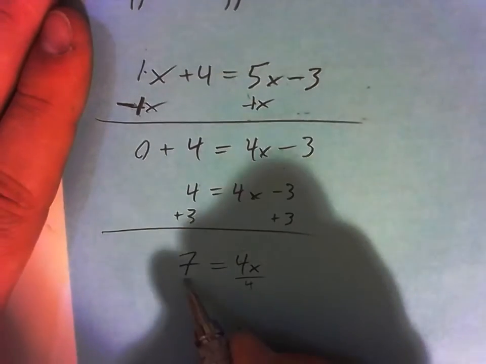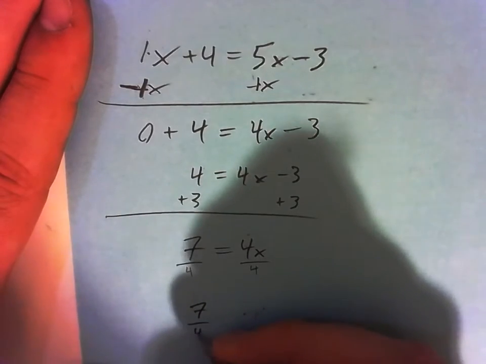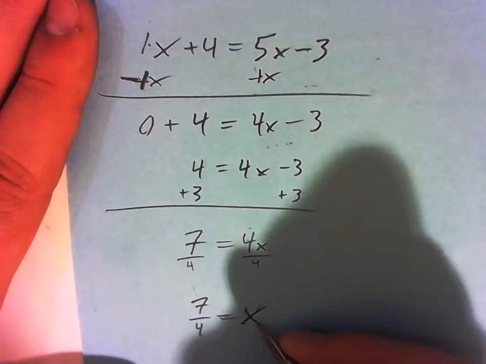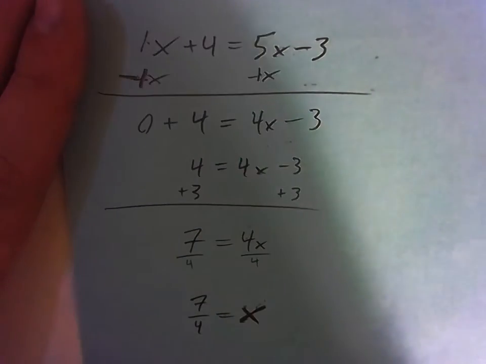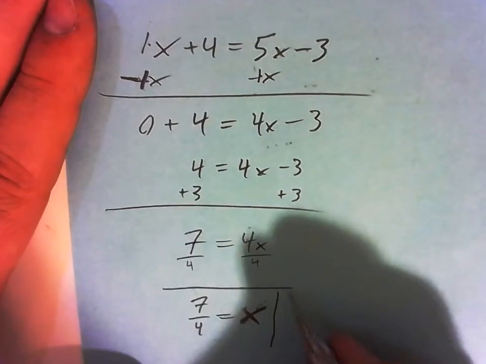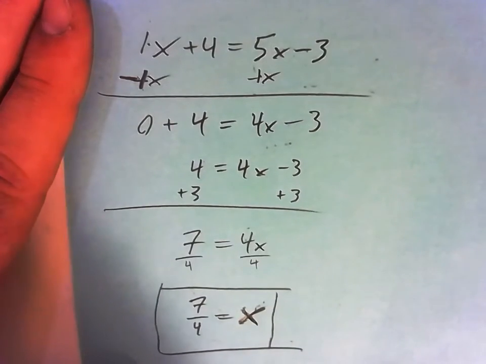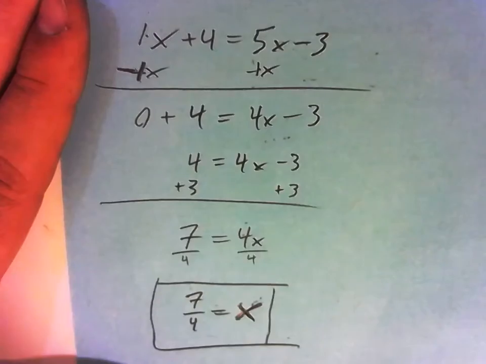Divide both sides by 4. 7 divided by 4. Let's just write that as a fraction. 7/4 equals x. If you change it to a decimal by dividing, I guess that's okay. If you changed it to 1 3/4, I guess that's okay too. I would just leave it like this.